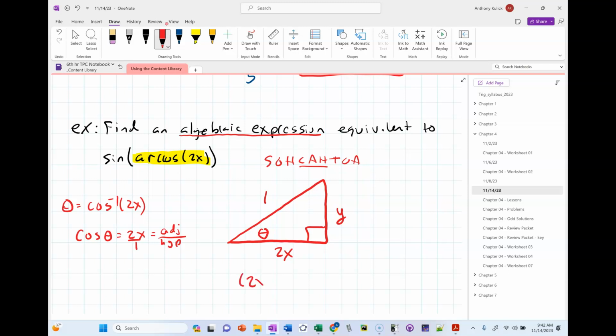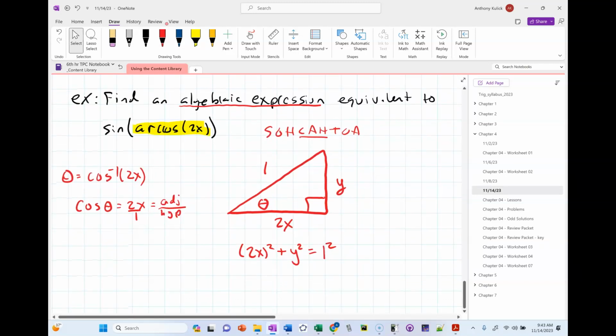So I say 2x squared plus y squared is equal to 1 squared. Everybody feel good? What do I get when I simplify the expression quantity 2x squared? 4x squared, right? 2x times 2x is 4x squared. Everybody's okay with how he did that?